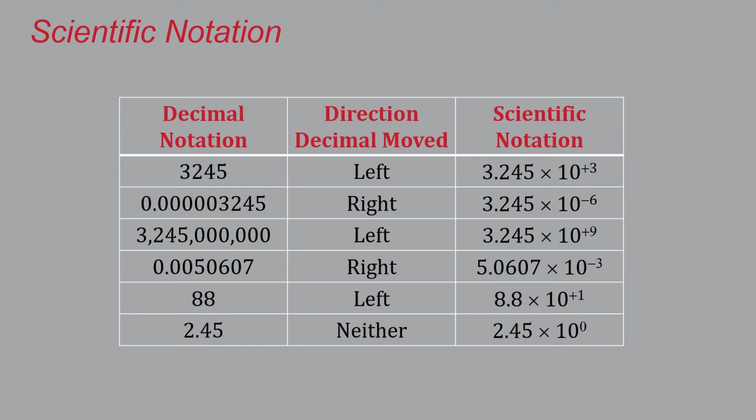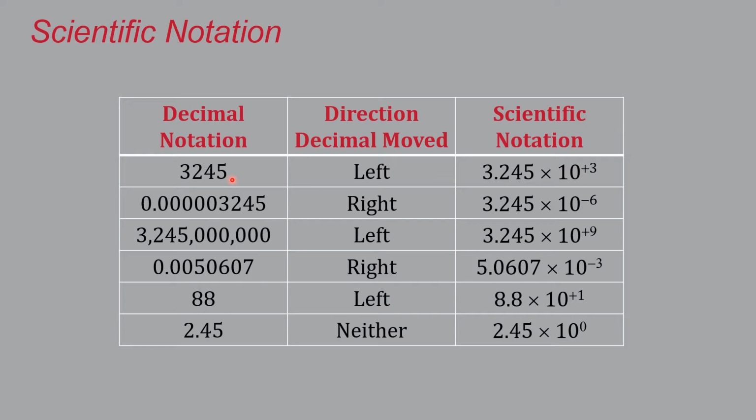So here are a couple of examples. The number 3,245, not a huge number, but it's a good place to start. The decimal point would actually be here. The idea is you want to move it so that it's to the right of the first non-zero digit.